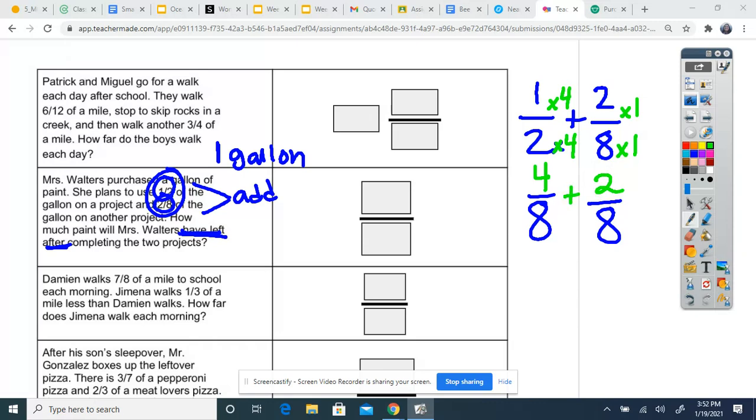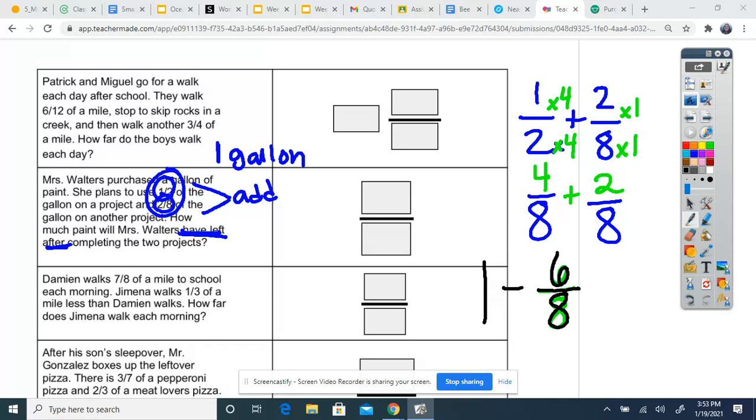Now I can add them. 4 eighths plus 2 eighths gives me 6 eighths. So before I simplify this, I want to subtract it from 1 gallon. So this is something we haven't really practiced.